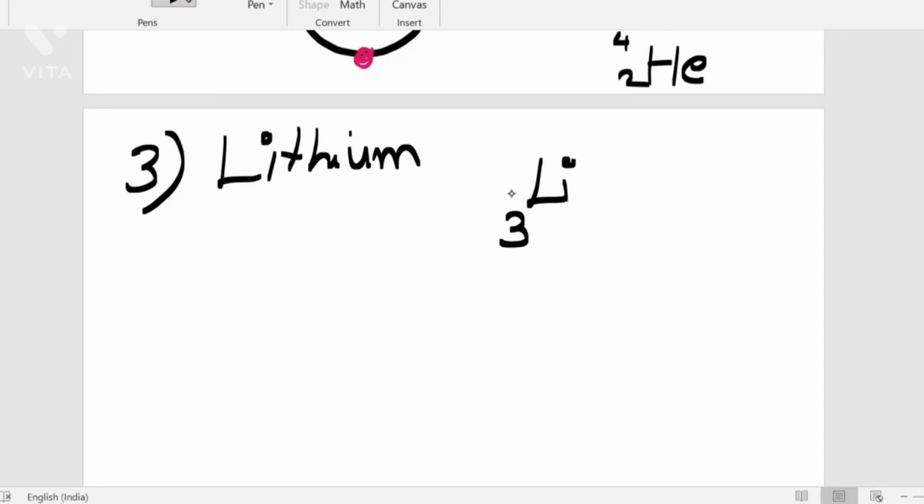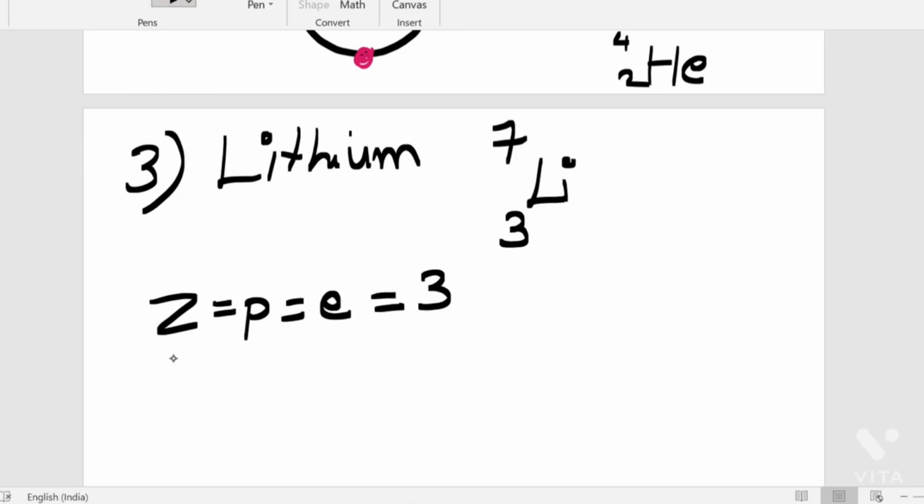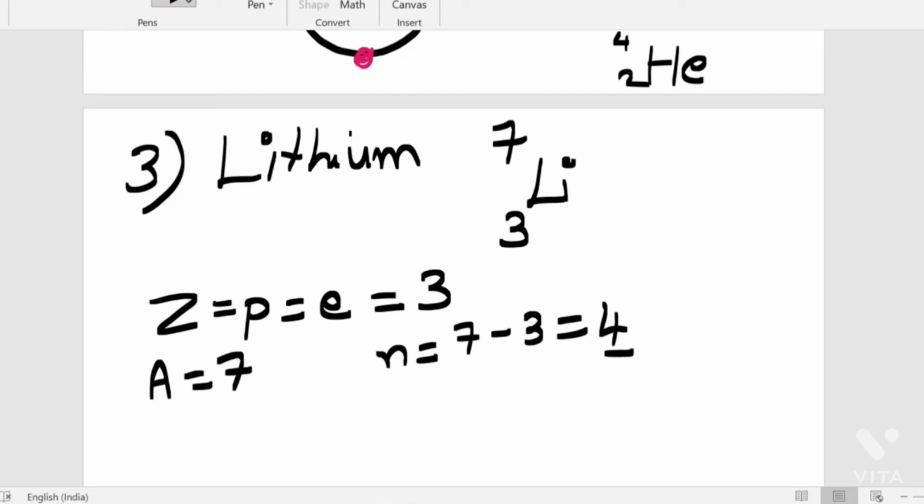Then what about the mass number? 7. So from this it is understood the atomic number Z, P, E is equal to 3. Then the mass number A is equal to 7. Then the neutron number is equal to 7 minus 3, that is equal to 4. Like this we have to find out.